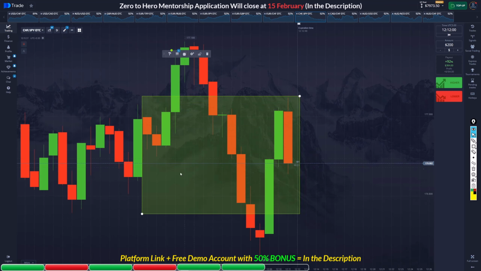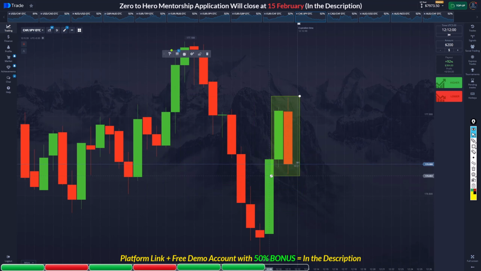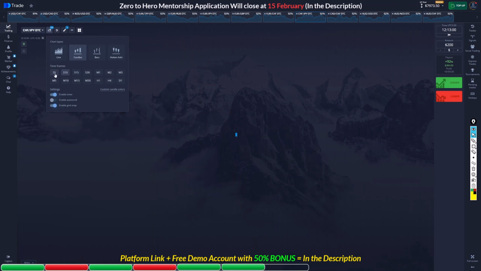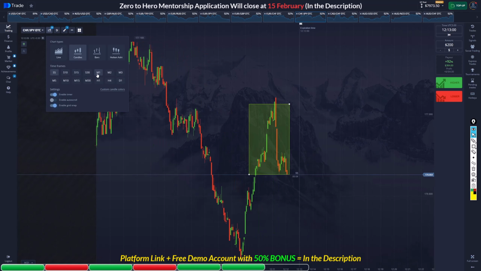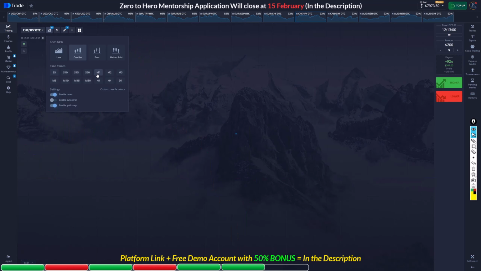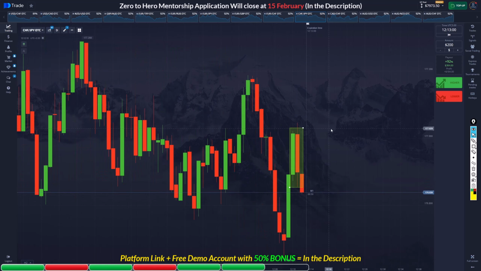I will go to the lower time frame to see what I have inside of that engulf. So let me just see if it's going to give me the engulf. It's not a proper engulf, I would say. I don't have any setup inside of that. So let's just ignore this, right?